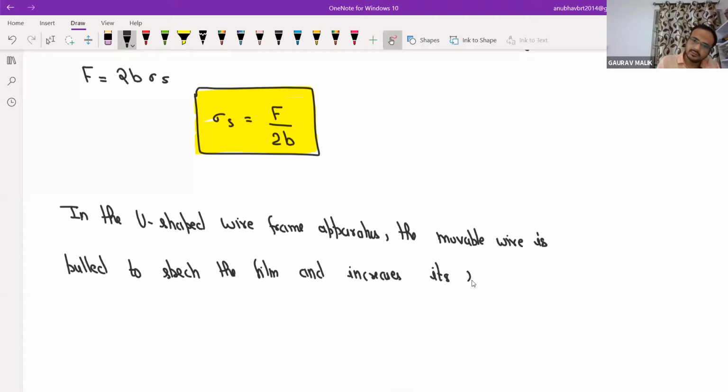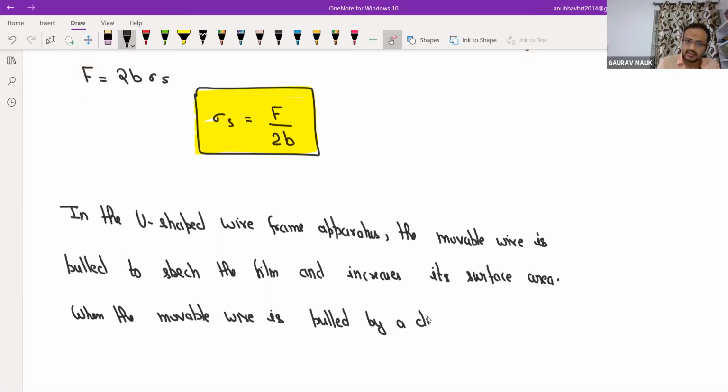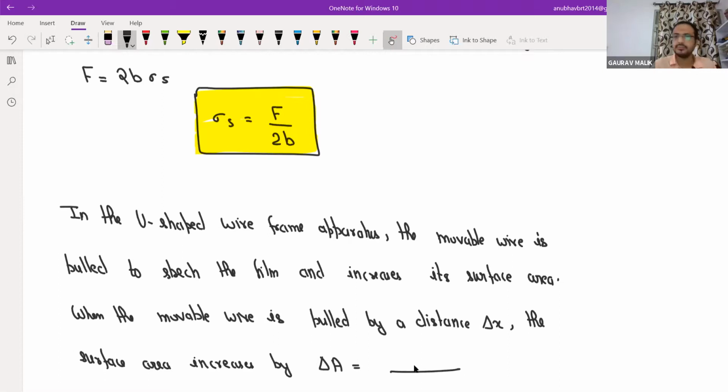When the movable wire is pulled by a distance delta x, the surface area increases by, tell me, what will be the value of delta A?